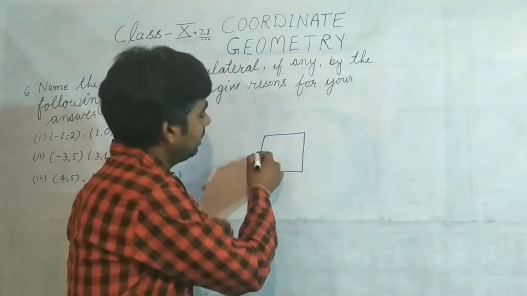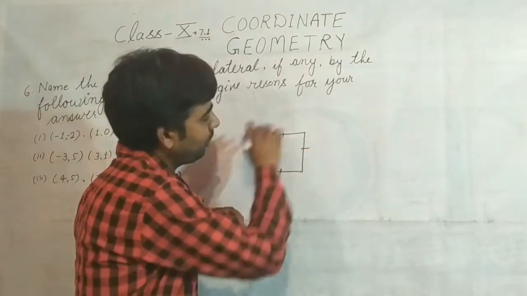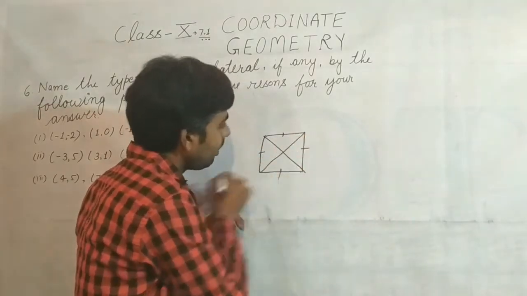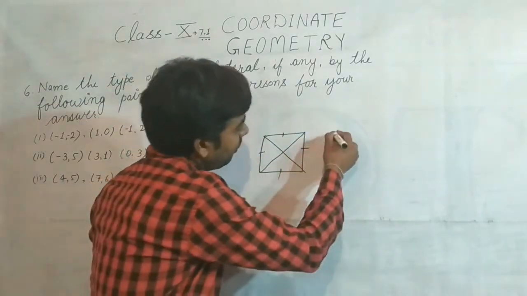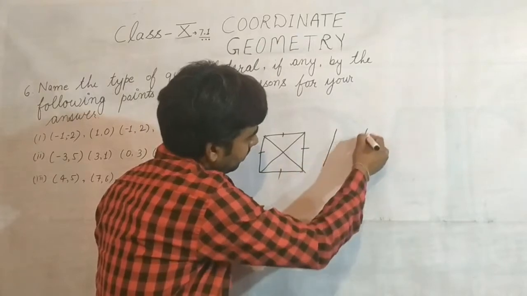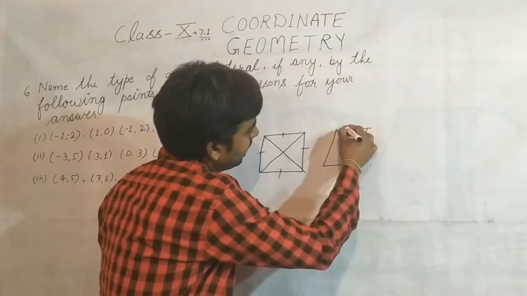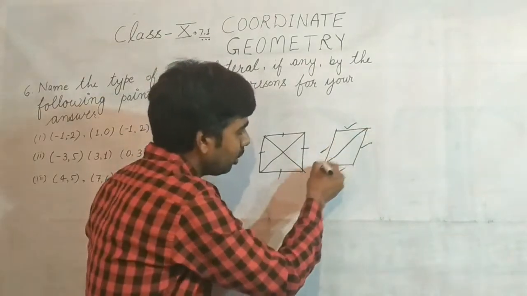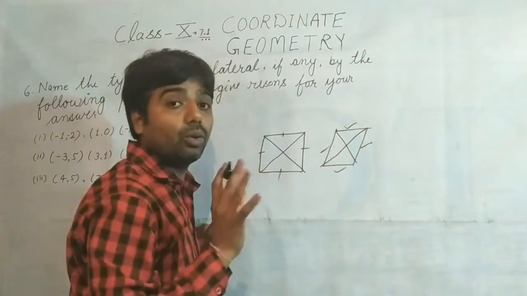If all the sides are equal and its diagonals are also equal, it is a square. If all sides are equal but the diagonals are not equal, it's a rhombus.